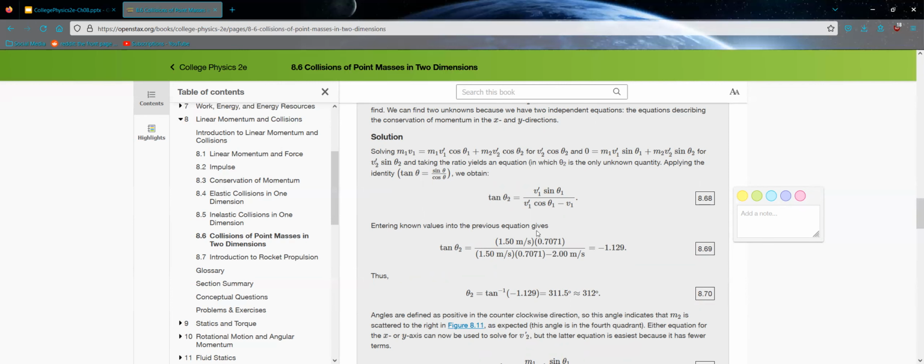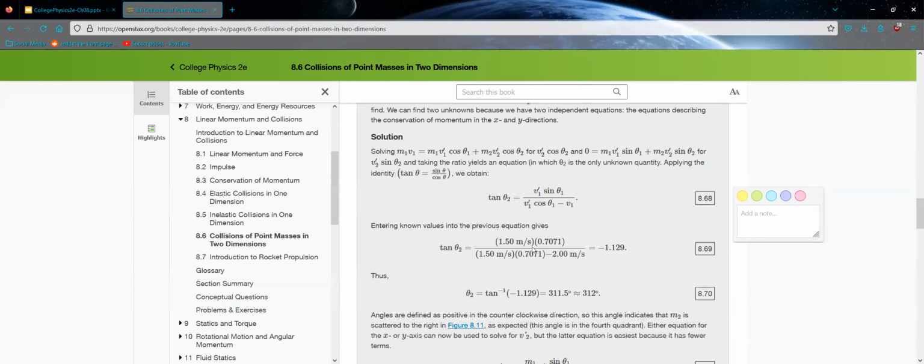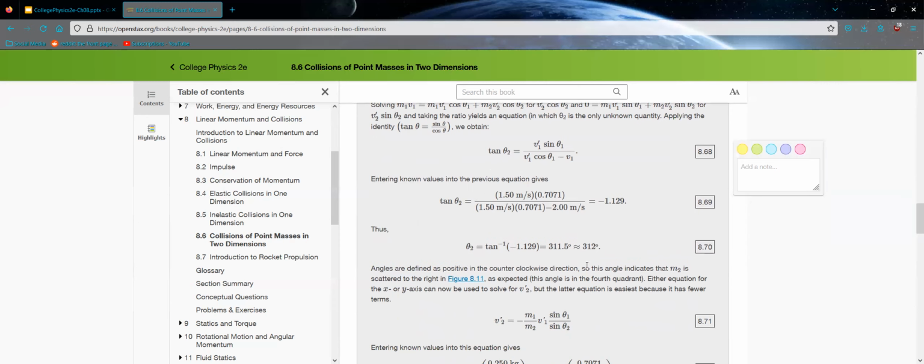So when you solve for theta 2, the theta of the object that is unknown, we learn that it's about 312 degrees.